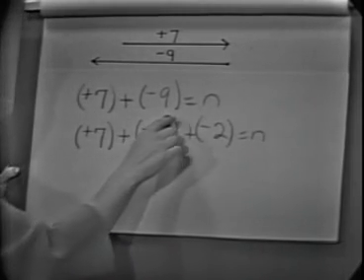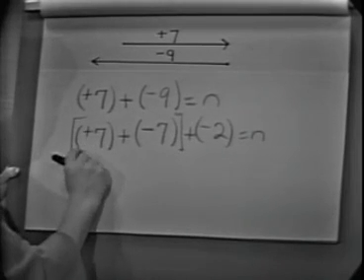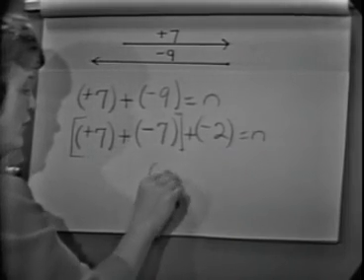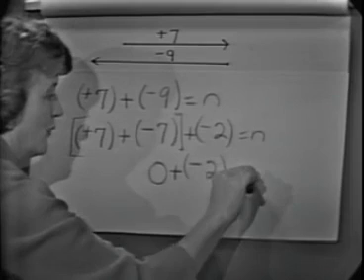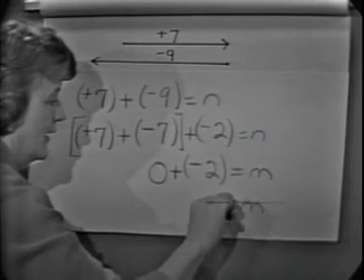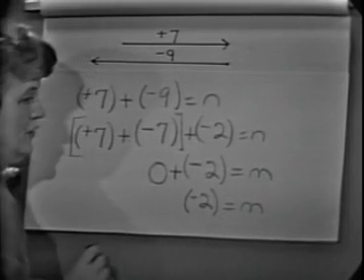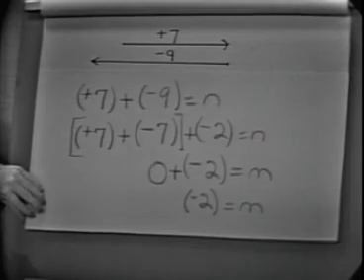Or, using our associative property and the idea that a number and its additive inverse sum to 0, 0 plus a negative 2 is equal to n, or n is equal to a negative 2, our solution. How do we use that solution then to answer our question? We would say the net effect of the 2 plays was a loss of 2 yards.